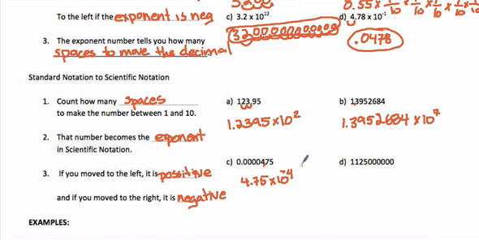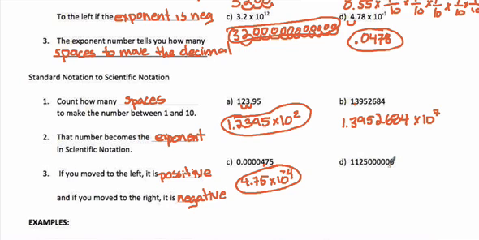When you've come up with your answer, take a look at that and see if it makes sense. If I have -4, well, that means, yep, I'm going to get a whole bunch of zeros over here and make the number smaller. So that does make sense. Okay, how about this one?